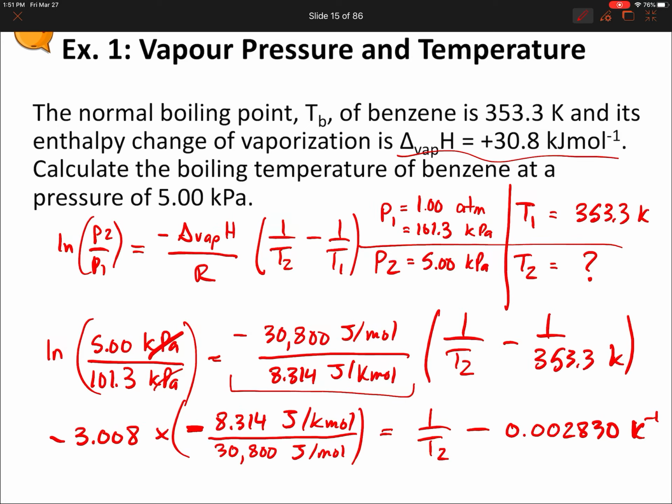All right, let's continue our work here. So everything on the left-hand side here becomes 0.0008120 K to the minus 1, because all the units cancel except for Kelvin. That equals 1 over T2 minus 0.002830 K to the minus 1. We can add 0.002830 Kelvin to both sides.